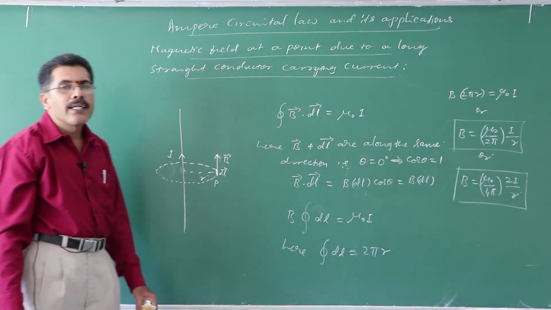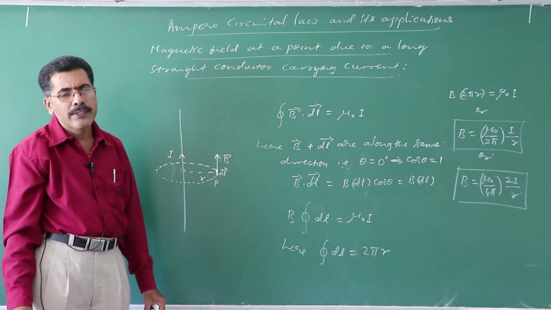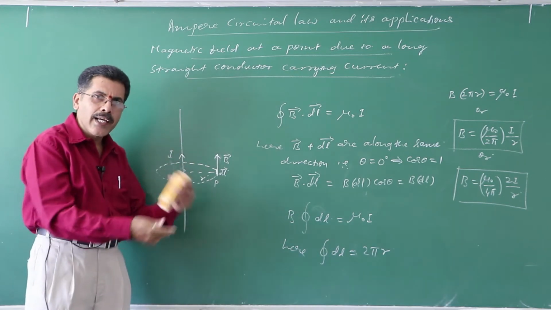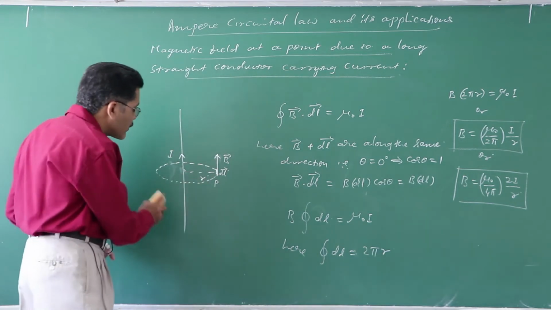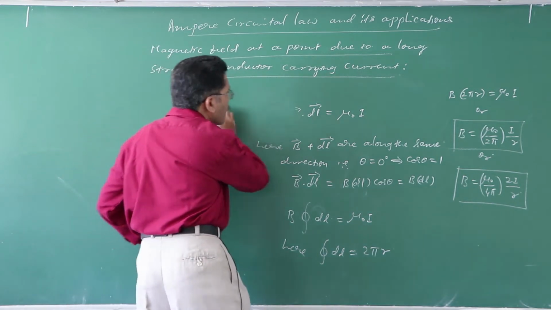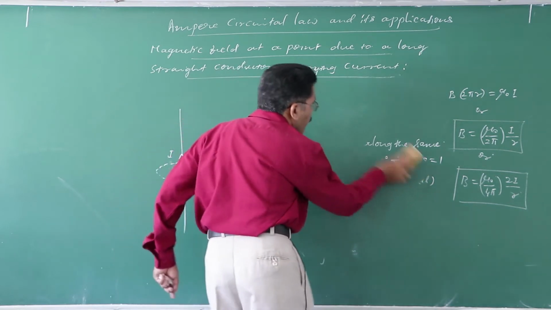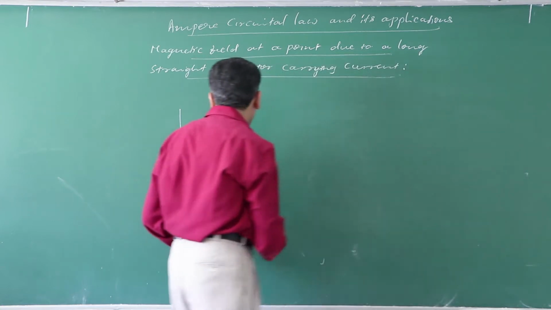So let me consider a solid wire. I just enter inside this wire. I just imagine I am entering inside the wire and take the cross section of the wire. So let me take the wire.